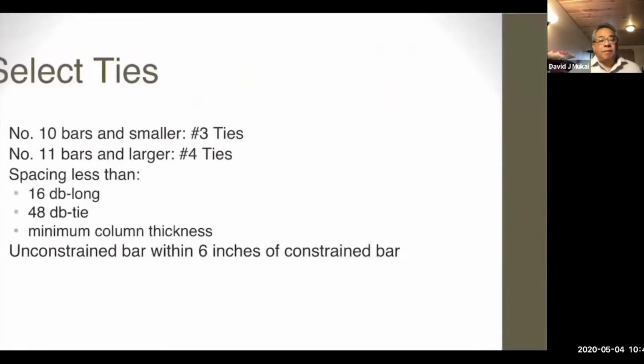Okay, if it's number 11 or bigger, it's number 4 ties, and it's 16 times the diameter of the long bar, 48 times the diameter of the tie, or the minimum thickness.